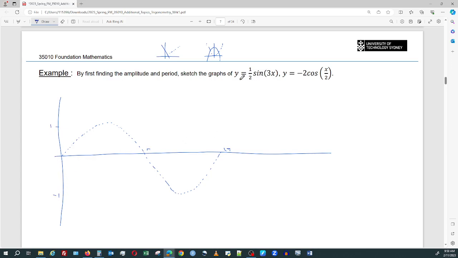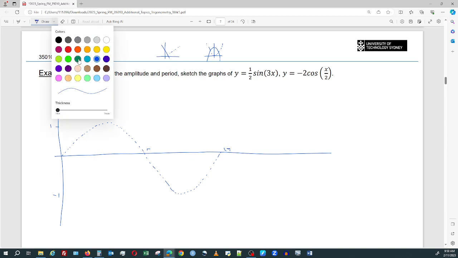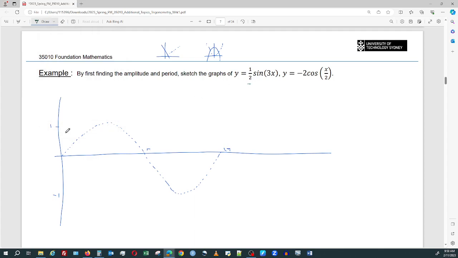Now, this first one, we'll change the colour now. This first one has 2 changes. The first thing is it's only half the amplitude. So that's a half, and minus a half. So it's only going to have max values at half and minus a half. Now we've got 3x.